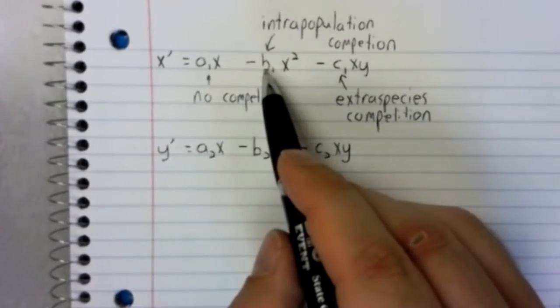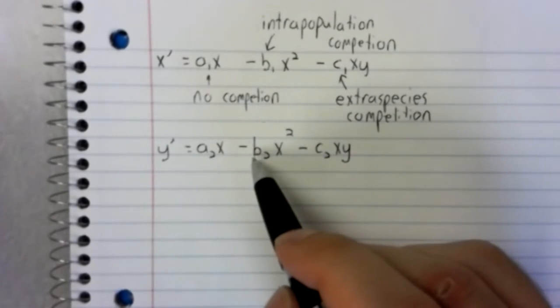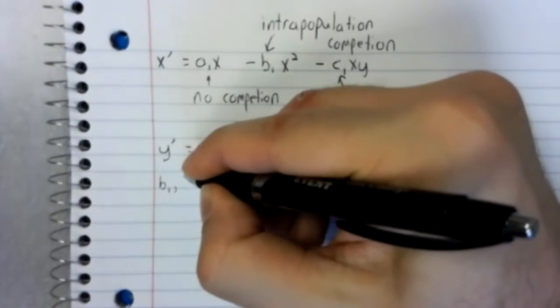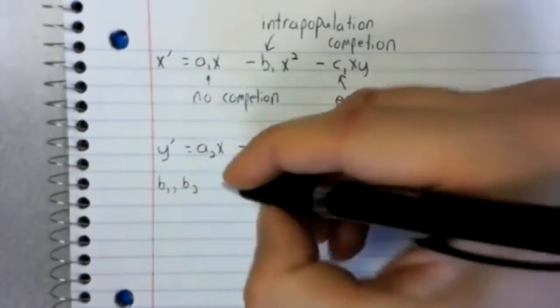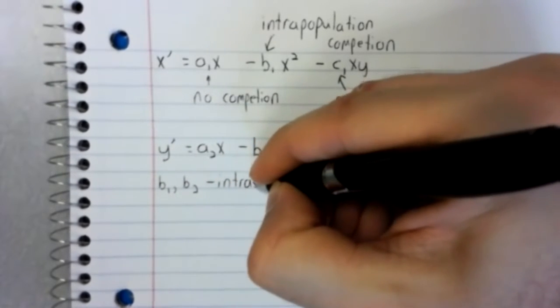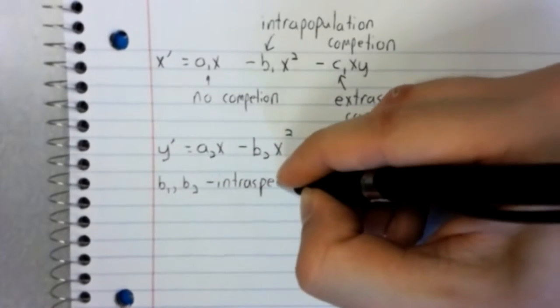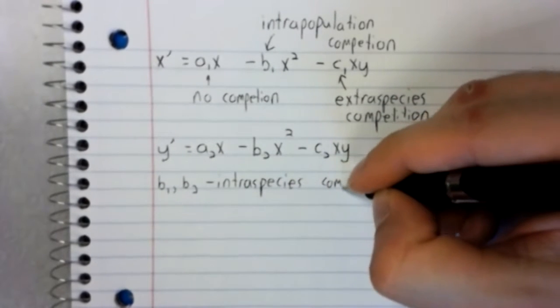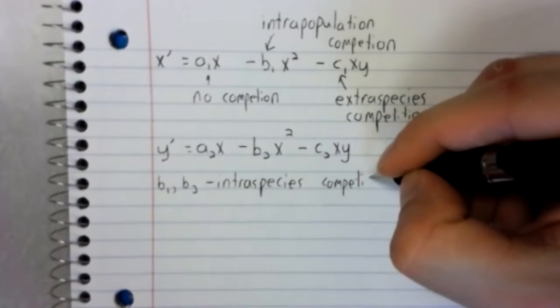So these B sub 1 and B sub 2 terms represent intraspecies competition.